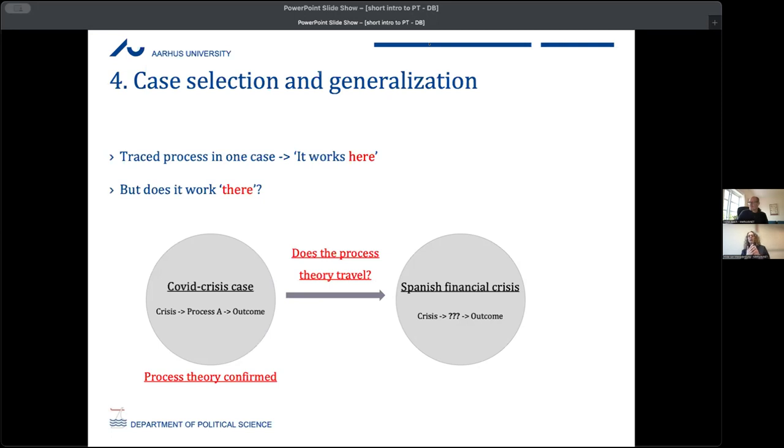But then we're talking about extrapolation, whereas generalization tends to stay within the bounds within which we know the theory should work. And if there you find a case that doesn't work, that's interesting, because then you're going to explore: what was different in this case? Which of the conditions wasn't there? Or what extra condition was there that blocked or hindered the process? Whereas in extrapolation, you're asking the question, does my theory also work in a different context? That's a different question. That's my little intervention.